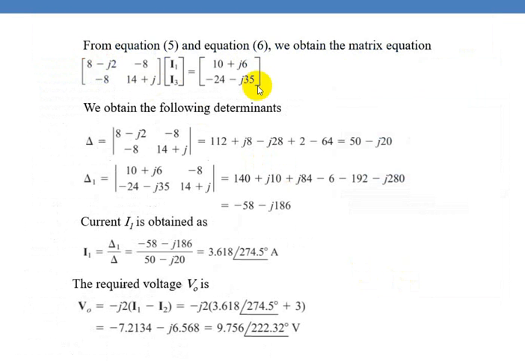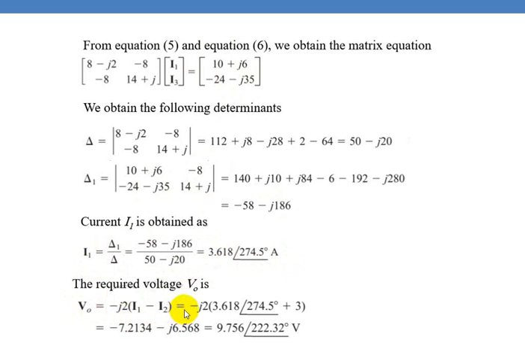So now write it in the matrix form, then find out delta, the determinant of this, and find out del 1. That is, you replace these two elements by these two elements and find out del 1. So obtain I1, that is divide del 1 by delta, which gives us 3.618 at an angle 274.5 degrees ampere. The required voltage V0 is V0 equal to minus j2 into I1 minus I2.